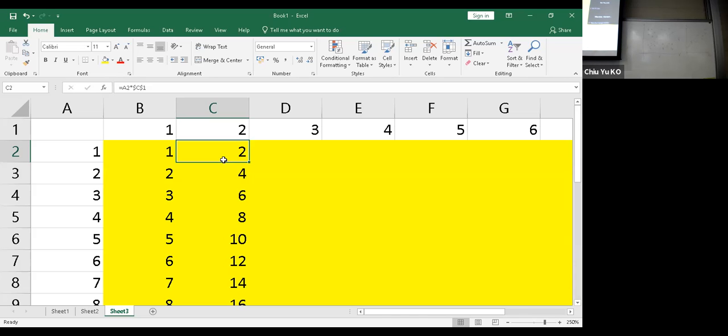But I double click this one too. Now you have a flavor of what I'm doing here. Is that okay? Try to figure out, there's a very smart way to do it. Oh, okay.